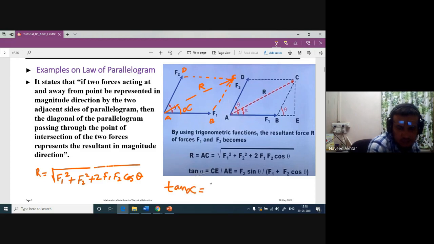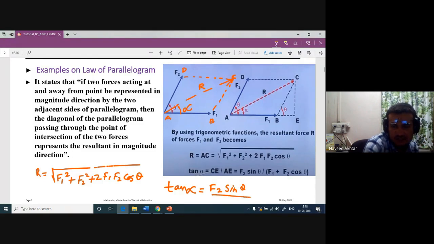that is nothing but CE upon AE, that is F2 sin theta. CE is nothing but F2 sin theta. You can see this is F2, and this one is CE. This will be the diagonal for this triangle. So that will be F2 sin theta divided by AE.